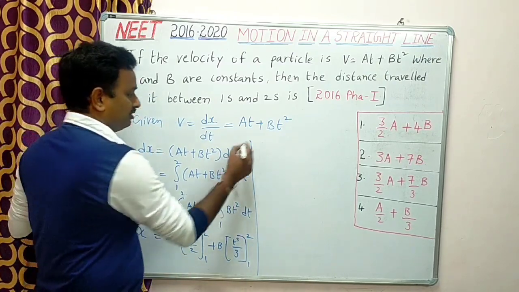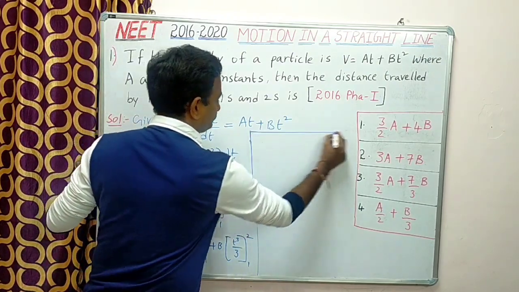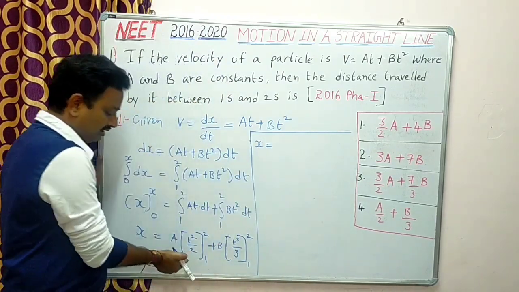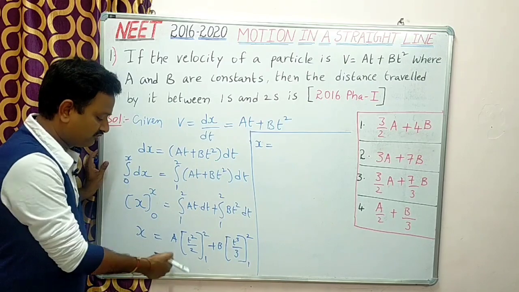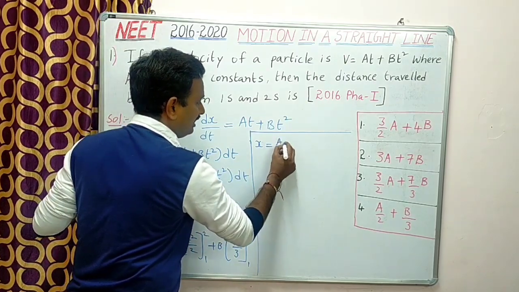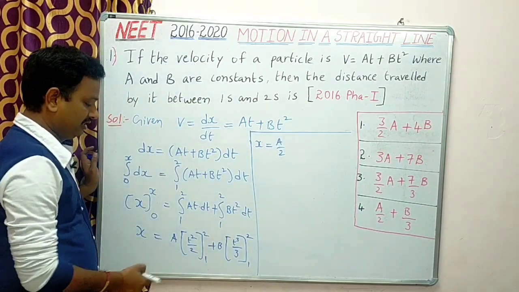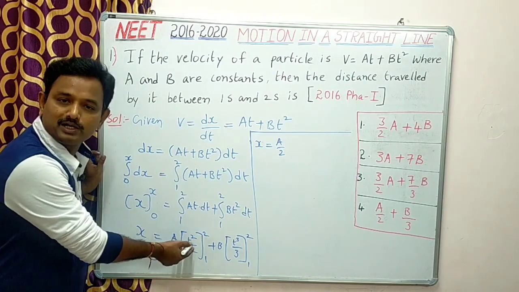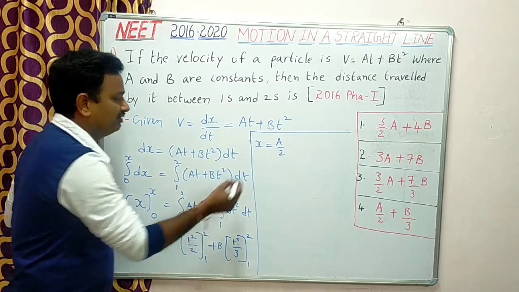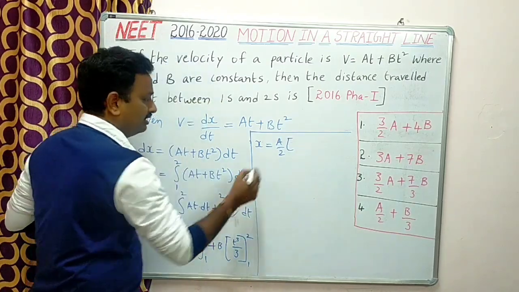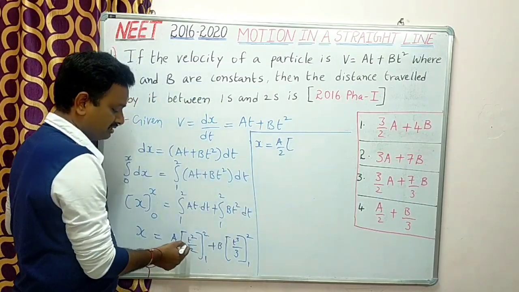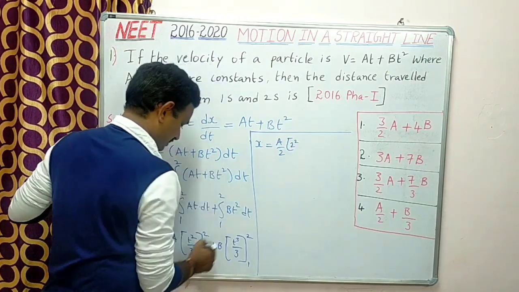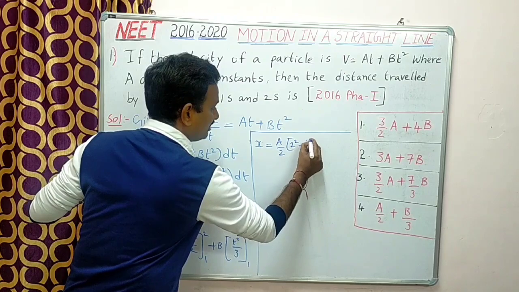Now I will write here, look at here, x is equal to, I will write 1 by 2 outside the bracket, that is a by 2. Okay, so in the place of t I need to substitute upper limit minus lower limit. So I will get 2 square minus 1 square.